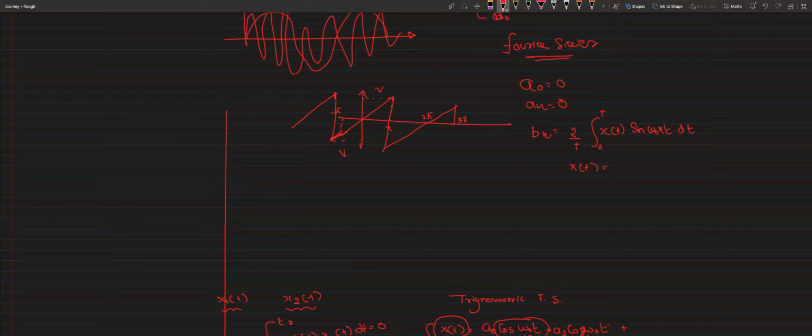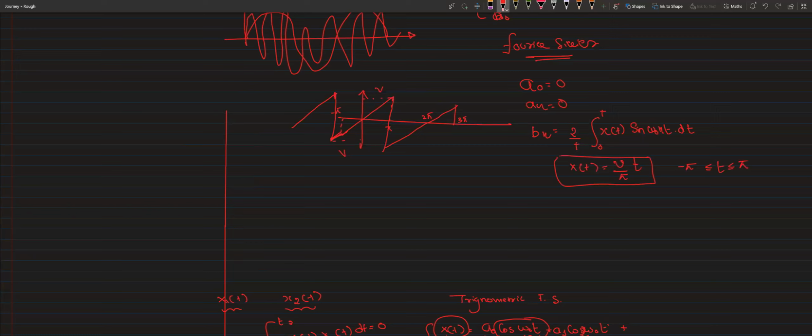If you use the slope formula, you will get V by pi t. This is the option you get for x of t, from minus pi to t less than or equal to pi.